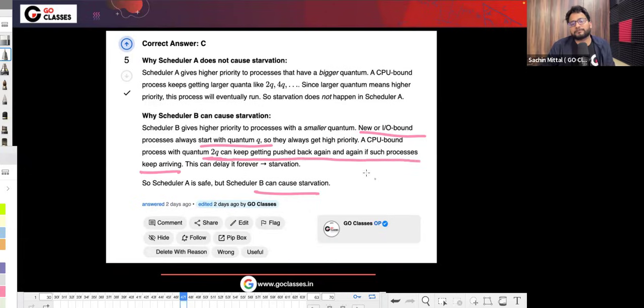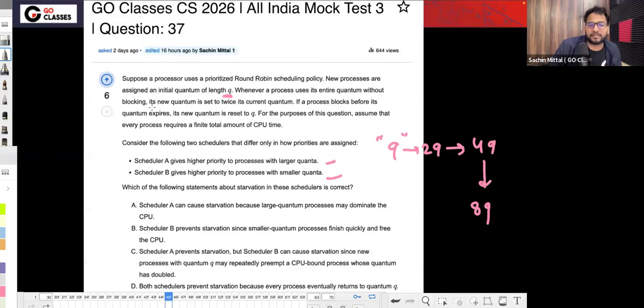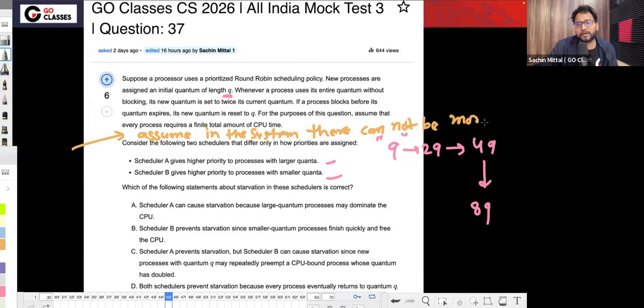Okay. See, it is not like in the system there have to be infinitely many processes. Let's suppose in this question they add one more line. They say that assume in the system there cannot be more than four processes at a time.